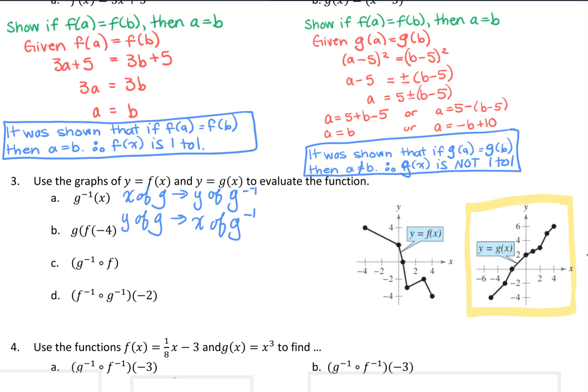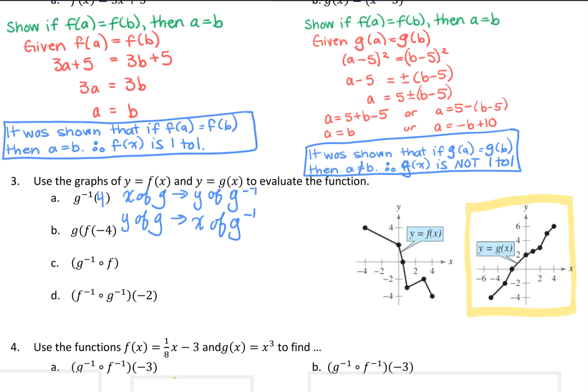All right, let's do g inverse of 4. So let's change that to g inverse of 4 instead. So make that little x there a g inverse of 4. Turn that into a 4.